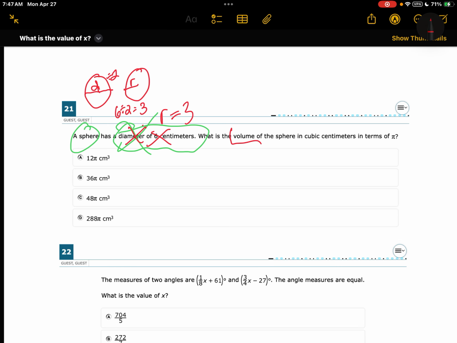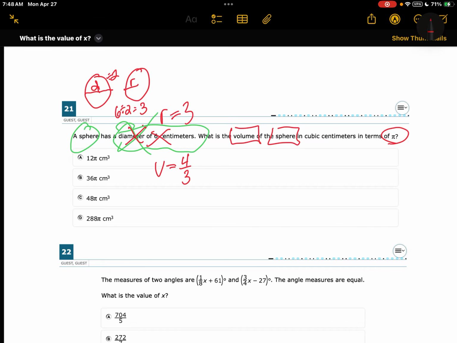Okay, we need to know the volume of the sphere, but it's in terms of pi. So notice all my answer choices say 12 times pi, 36 times pi, 48 times pi, 288 times pi. Probably the quickest way to do this is the way I'm going to talk about first, which is actually just solving it.